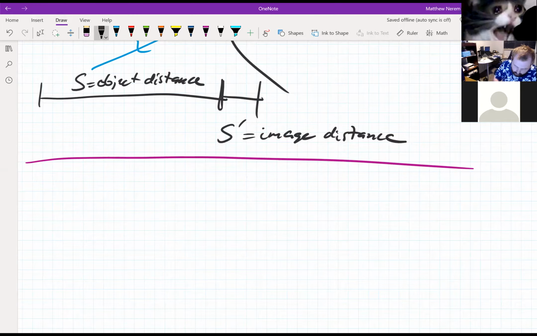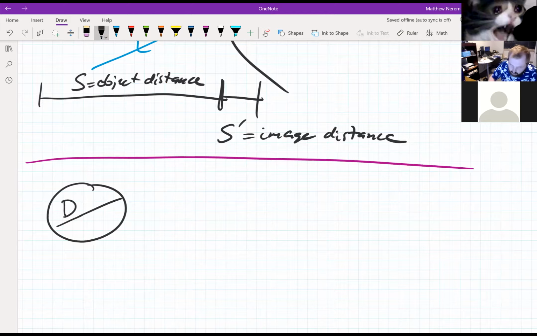All right, so here's Mars, here's its diameter. And I'm going to have a spherical concave telescope. Its minimum distance to Earth is 5.58.